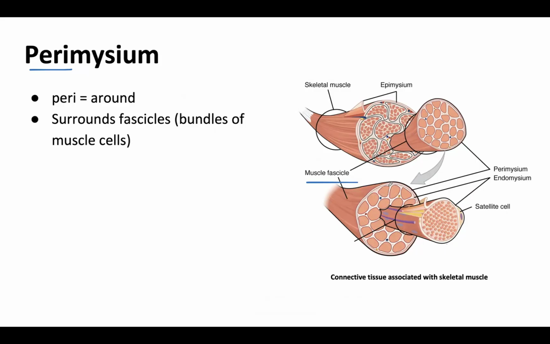Some of these larger bundles can be seen pretty easily with the naked eye. In fact, this is what gives a cut of meat the characteristic grain. If you tear a cooked piece of meat or a tender meat, it rips along the fascicles, and these fascicles can be separated because of this perimysium surrounding it.